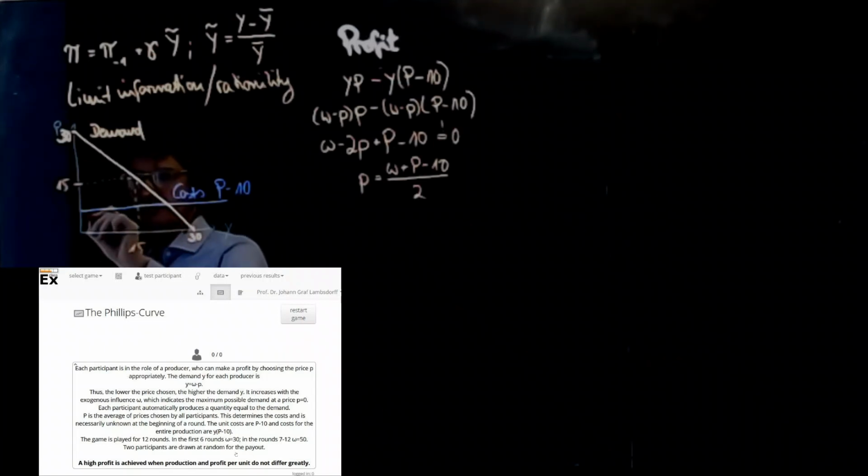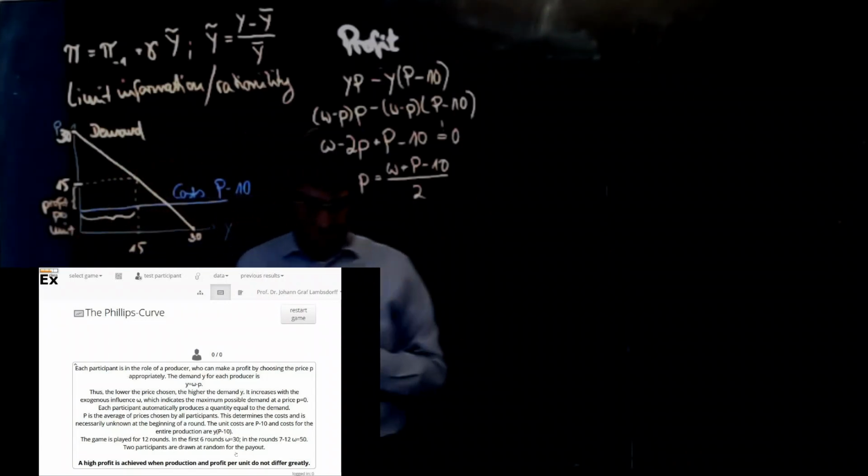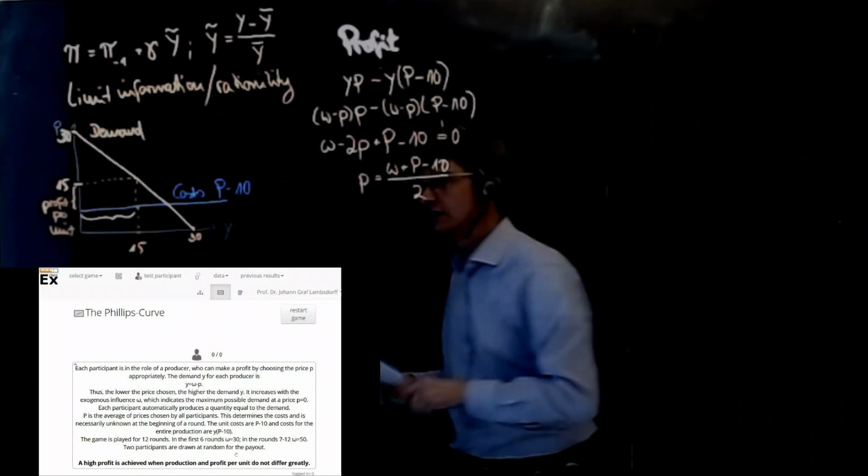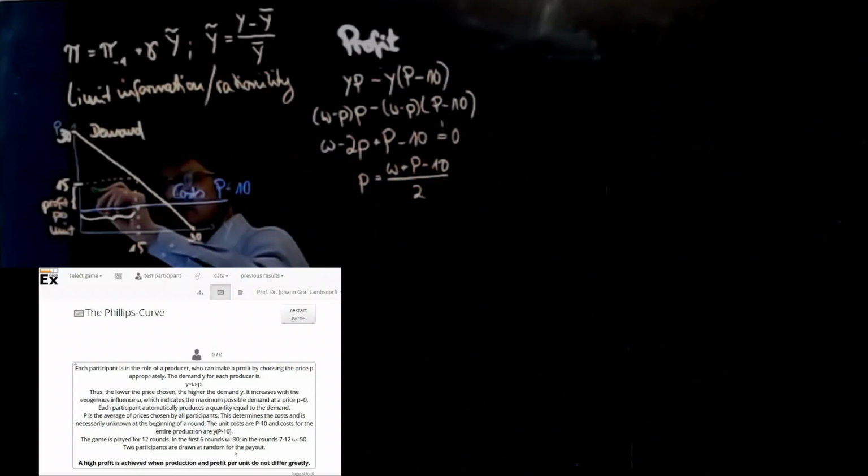So this is the quantity, and this here is the profit per unit. And the total profit is equal to this rectangle.